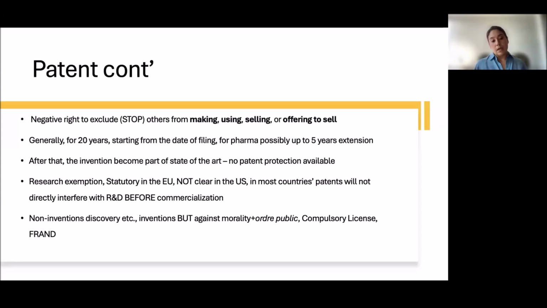And there's a concept, a doctrine called FRAND, fair, reasonable, and non-discriminatory licensing. It means this happens with standard essential patents. For example, for 5G, in order to get into a market, if you're a producer of mobile phones, you have to have the core technology.